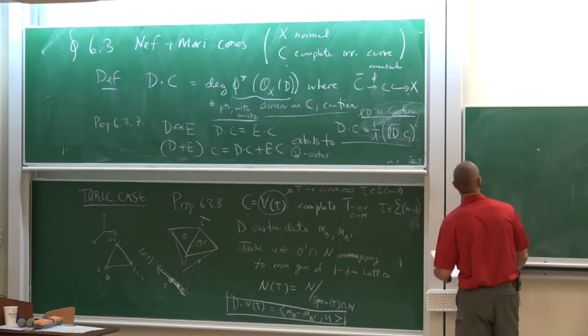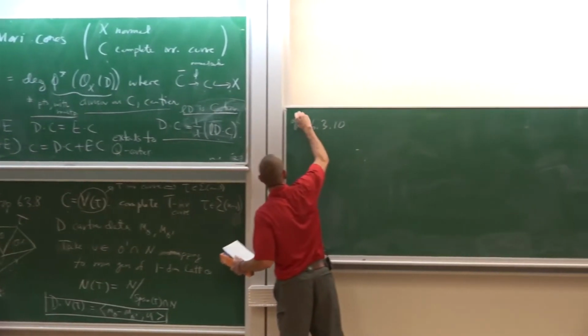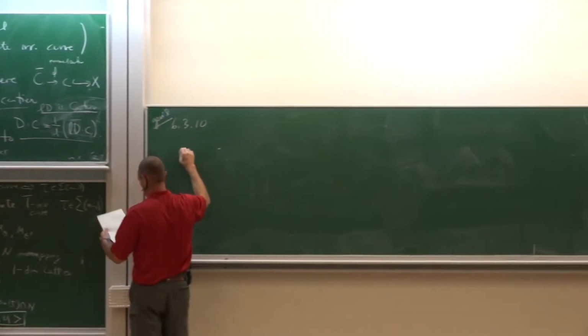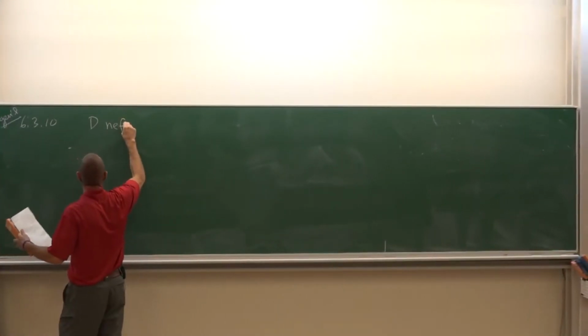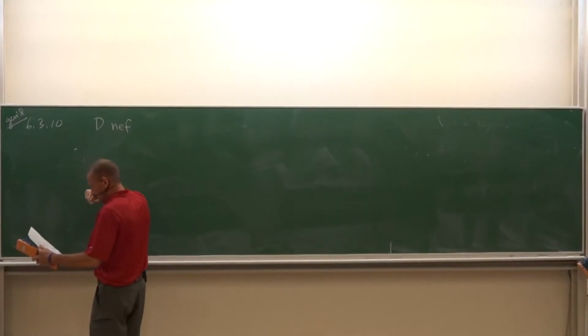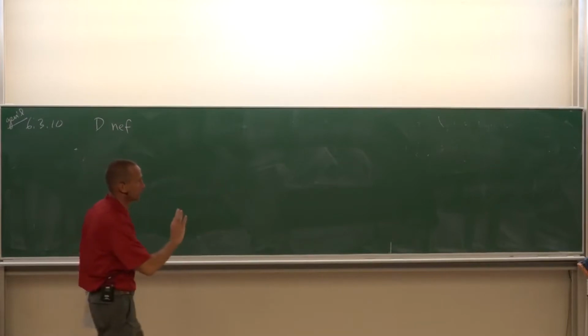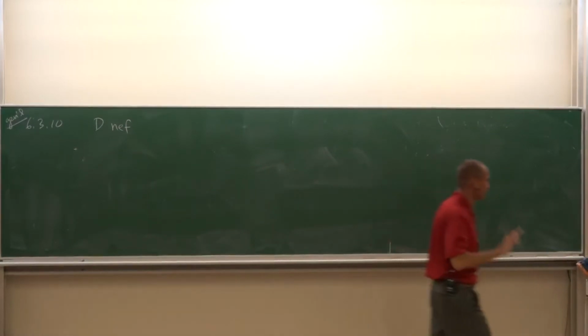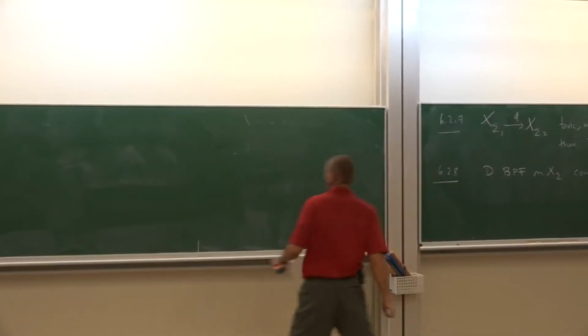So two general definitions. We haven't used, I was afraid that I'd started using NEF before its time, but we've talked about base point freeness. We haven't talked about the NEF condition.